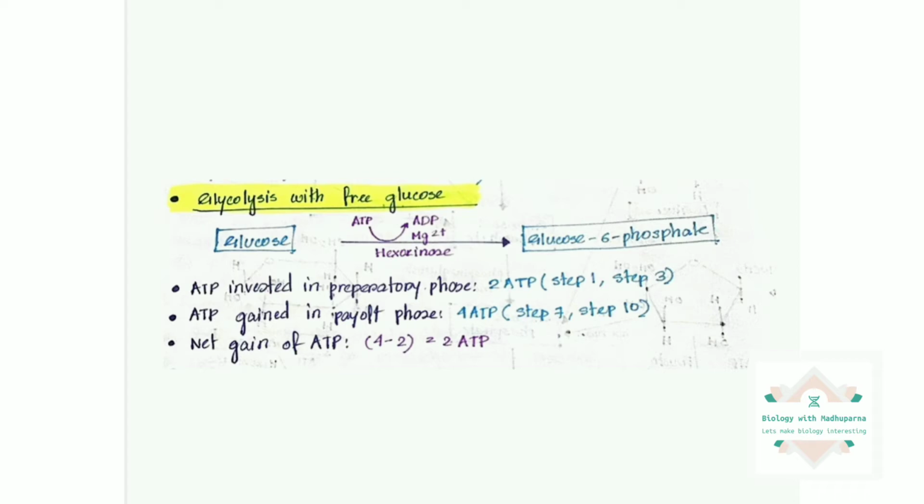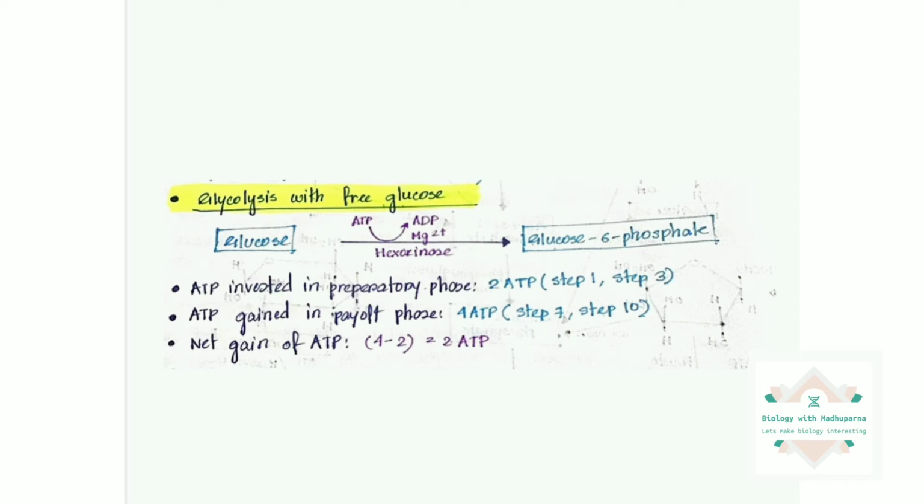In this reaction, ATP invested in the preparatory phase is 2 ATP. We have read in our previous lecture, in step 1, where glucose is being converted into glucose 6-phosphate, and in step 3, where fructose 6-phosphate is converting into fructose 1,6-bisphosphate. In both of these steps we are consuming 2 ATP. So our investment is 2 ATP. Next, how many ATP are we gaining in the payoff phase?